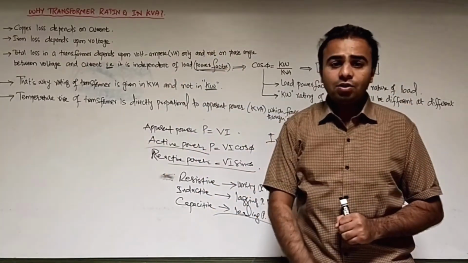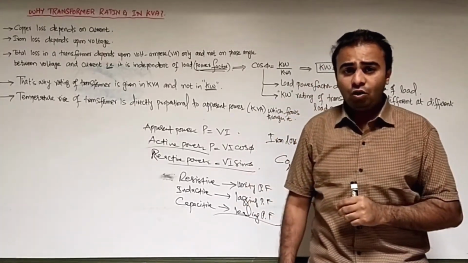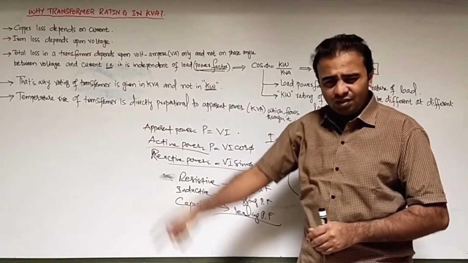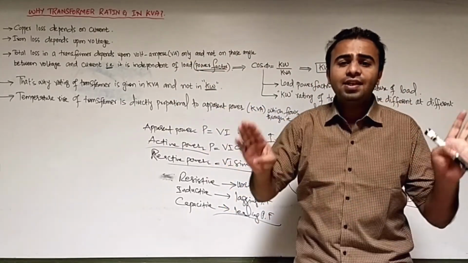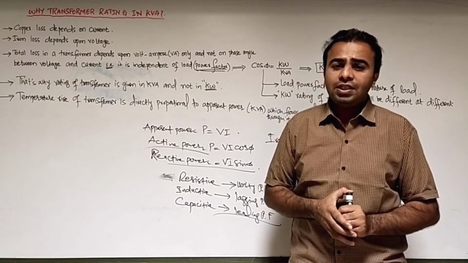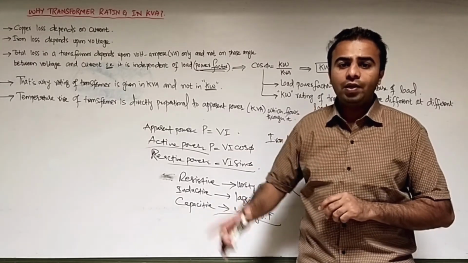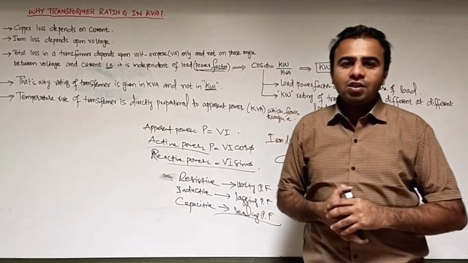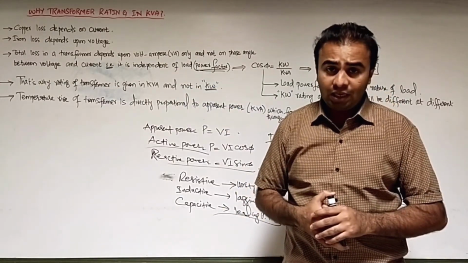Copper loss depends on the ohmic resistance of the winding and the nature of the load, so it is the variable loss. Total loss is the sum of iron loss plus copper loss, and we are not considering any phase angle between voltage and current, so transformers are rated on the basis of apparent power kVA, not kW. So this was the lecture regarding transformer kVA ratings, not kW ratings.